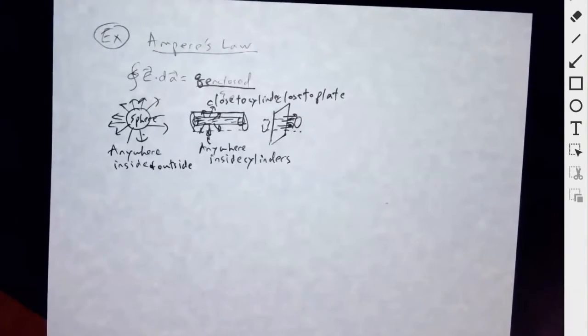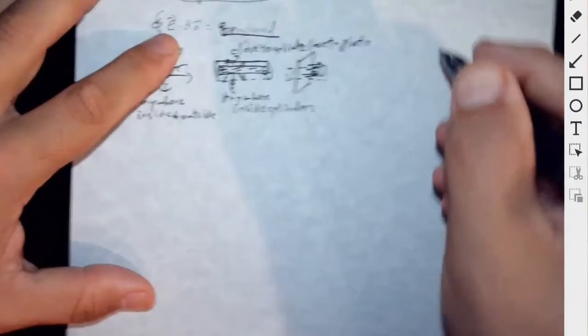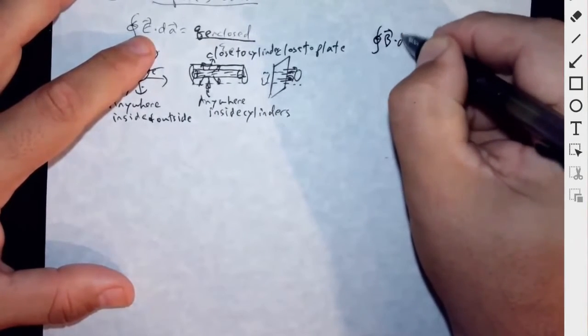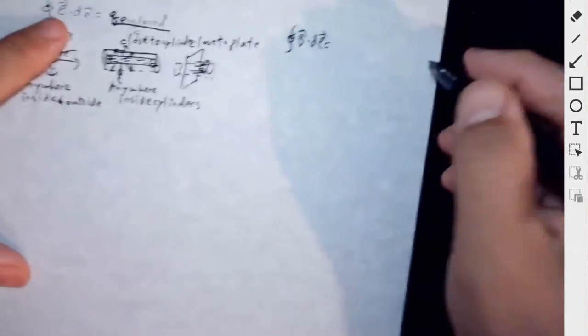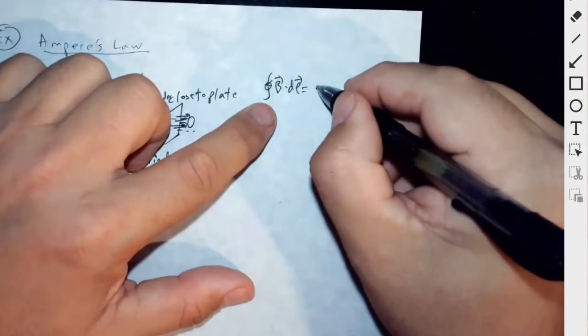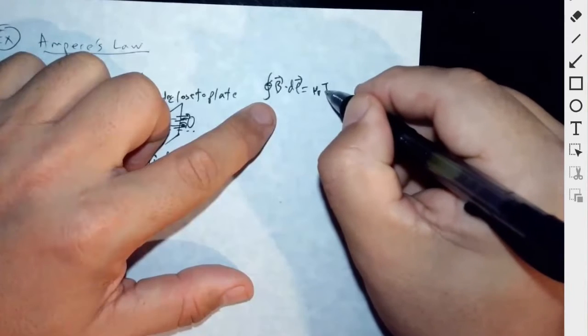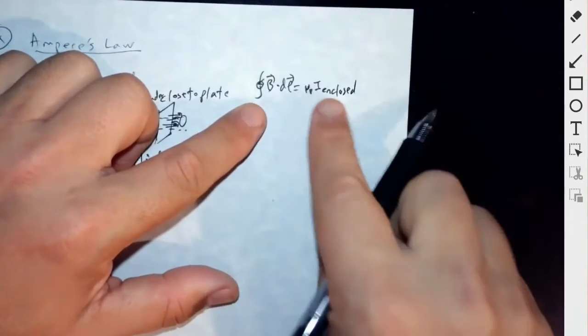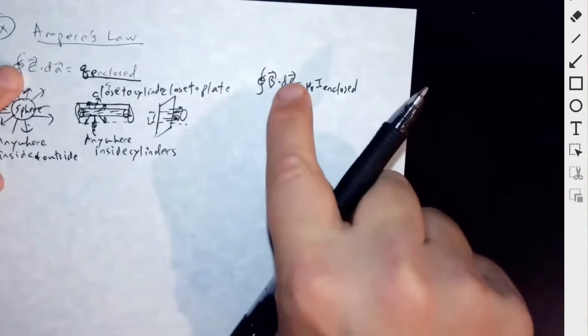So it's nice to do a quick review of Gauss's law and then relate that to Ampere's law. Ampere's law is going to look like Gauss's law. And we have two portions for Ampere's law. This one is the regular Ampere's law, mu0 I enclosed. So it looks like this, except it's a line integral.